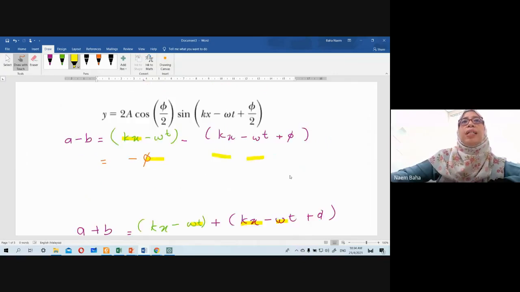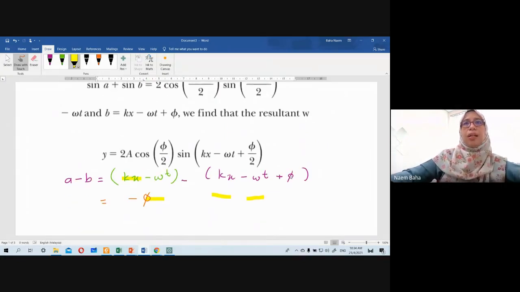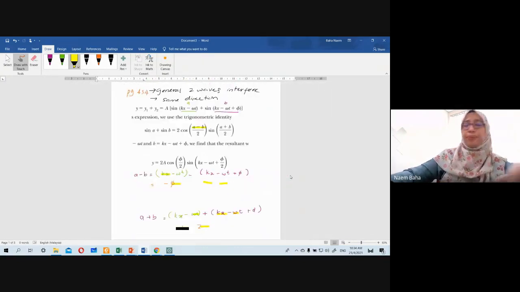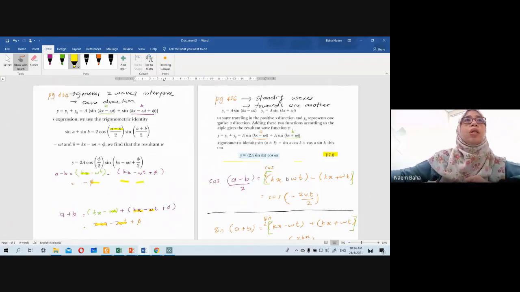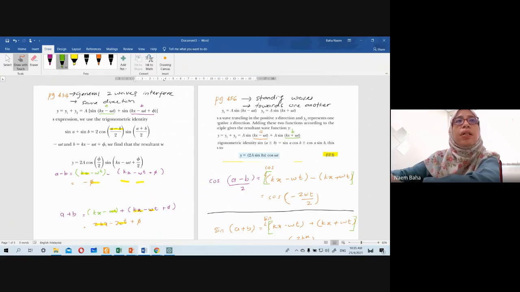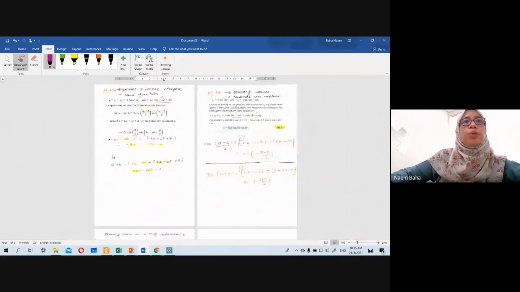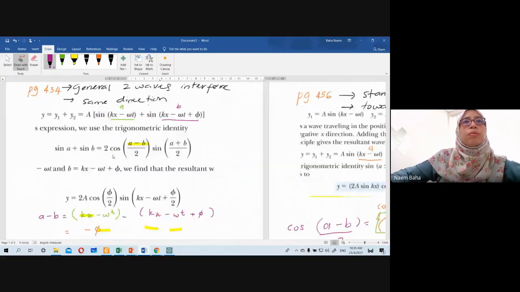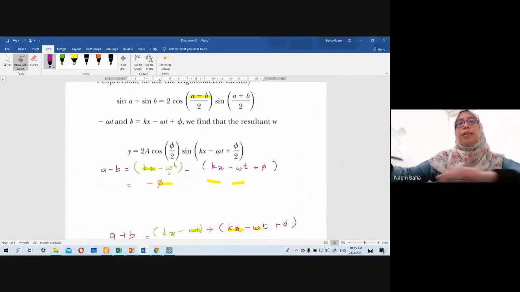Alright. So by substituting this product, let me reduce the size. Okay, I'm now going to use perhaps another color. Alright, green, purple color. To reduce. Okay, that's nice. Alright.